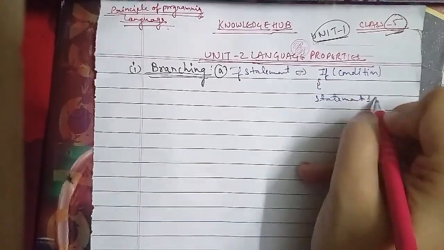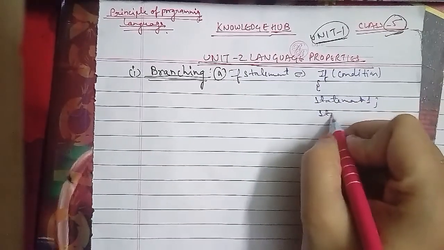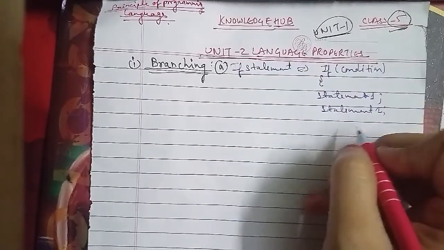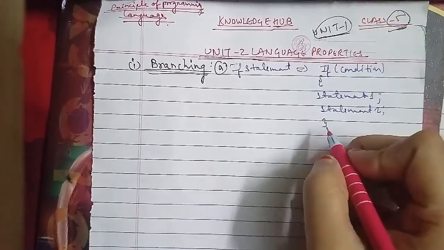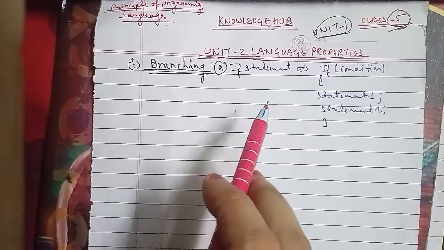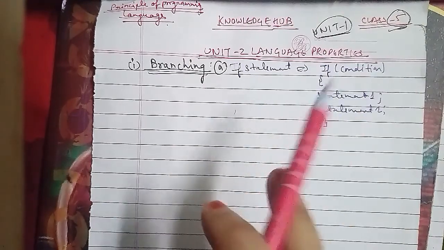This is how the if statement is used. Statement 1 and 2 will be executed only if the condition is true. Otherwise, the whole block within the brackets will be skipped, and execution will continue after the if block.